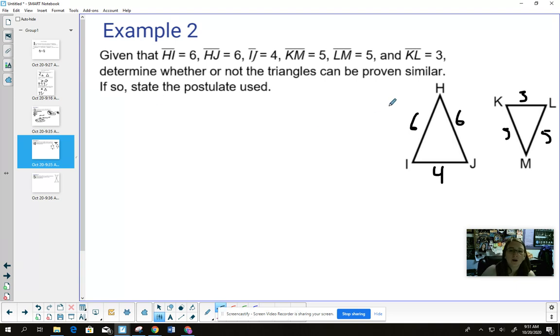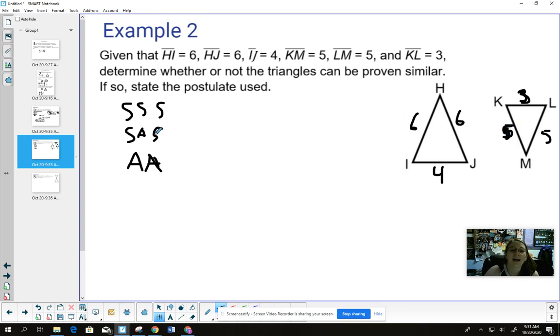So to start off with, we always want to see what postulate we're checking for. We only have 3. And what we're checking for is based on what's given to us. Now again, it's possible our answer is still no, but it helps us to keep in mind which one it could possibly be. Now based on our information here, that's a 3 and that's a 5.